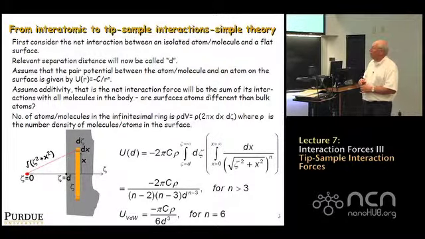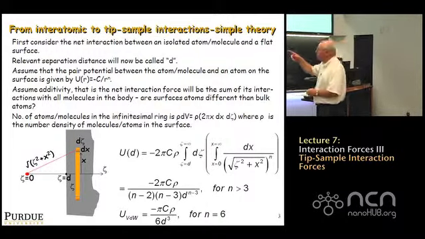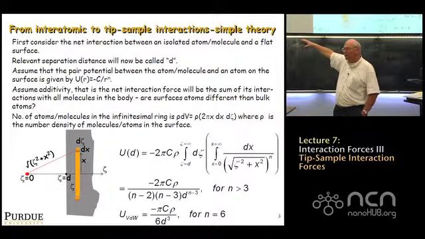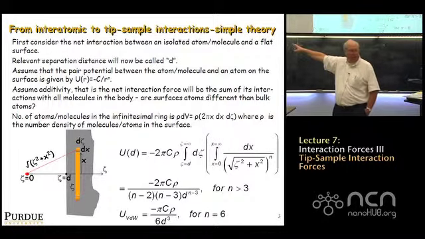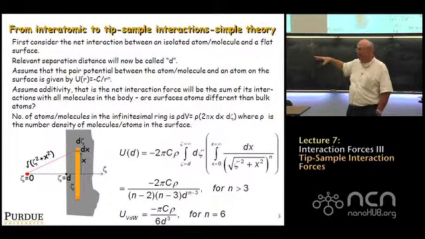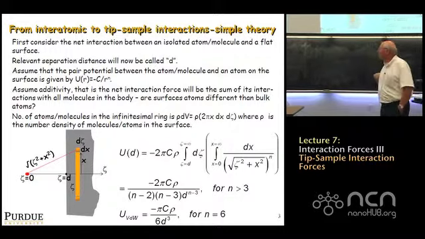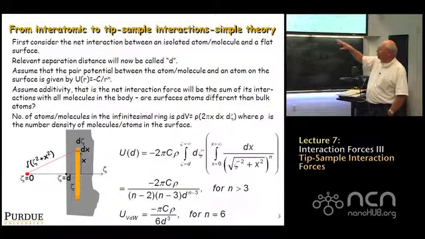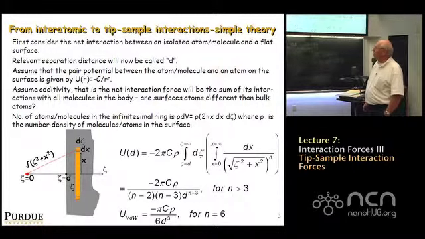We're going to assume, in the process of adding up all the forces between all the atoms that make up the substrate and that one atom suspended above it, that we just use calculus, which means we're inherently assuming there's additivity of the net interaction forces of all the atoms in the substrate with that one atom in the tip, right?